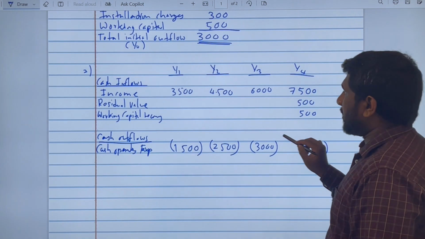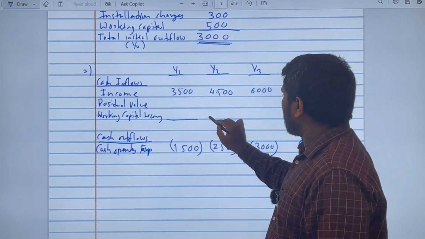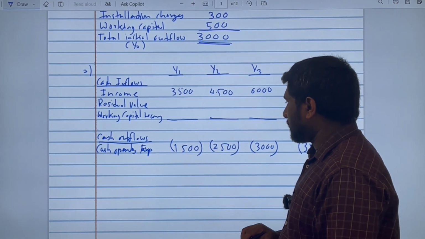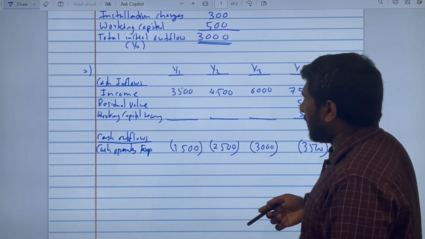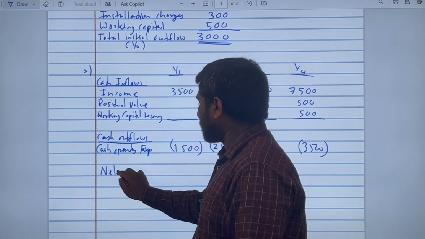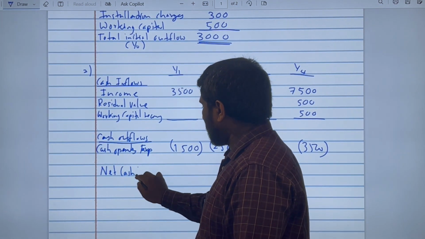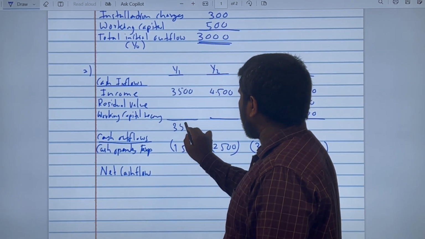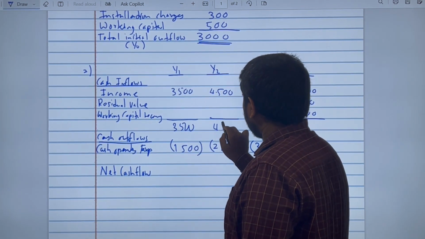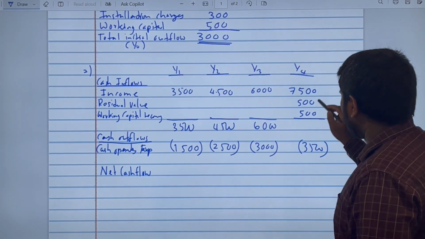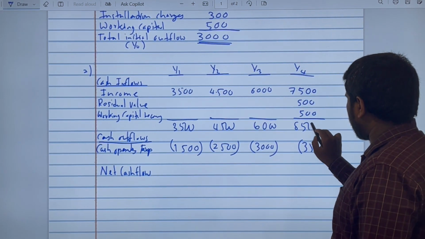So now let's take the total inflows. Your outflows, you have only one. So directly we can take the net cash flow. Here 3,500, 4,500, 6,000, 8,500.